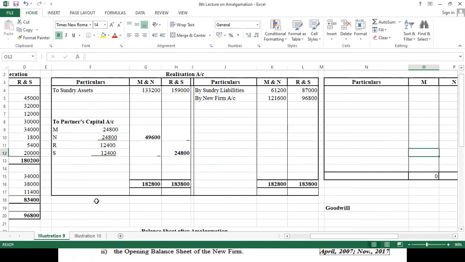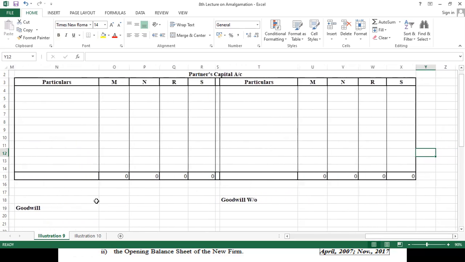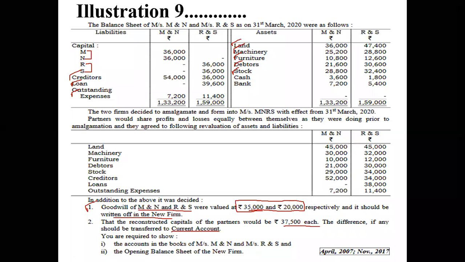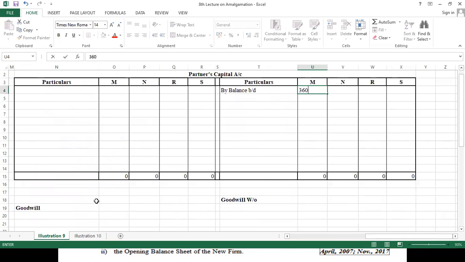Now moving to the partners' capital account. First of all, we are going to write down by balance brought down. The amount of all the partners is the same, 36,000.